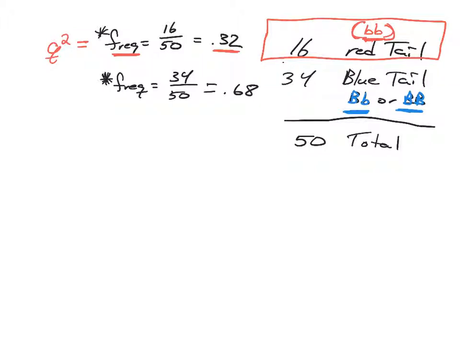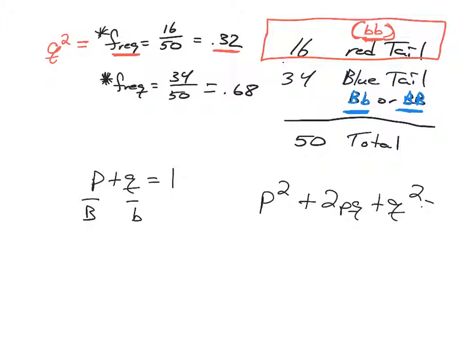Let's go over it one more time. This is what you have to study, what you should have on index cards. We know P plus Q equals 1. P and Q are all the alleles in the population, so all the big B's and all the little b's are in this equation. If you want to talk about genotypes, you talk about P squared plus 2PQ plus Q squared equals 1.